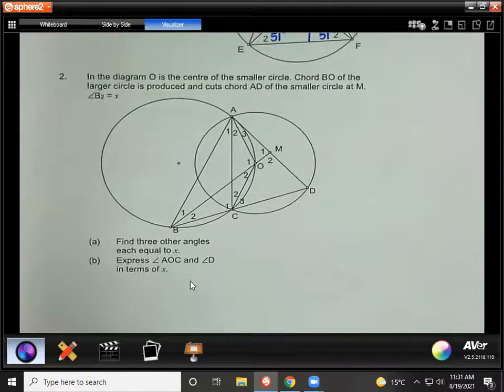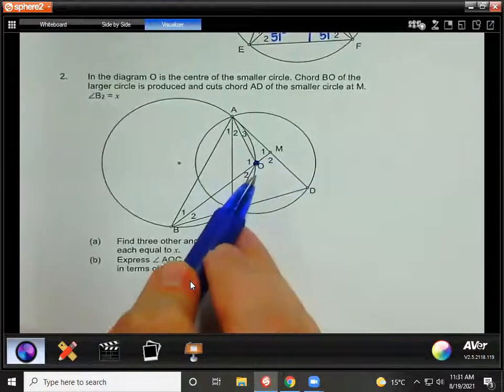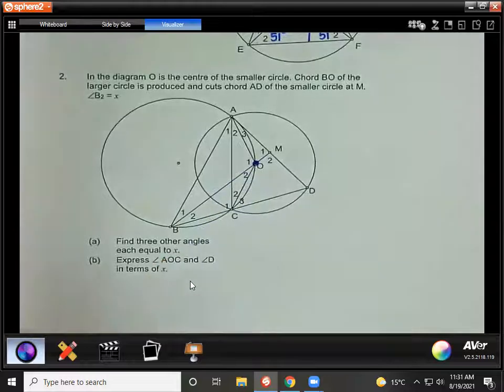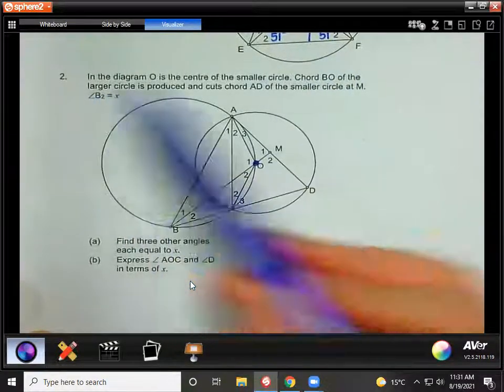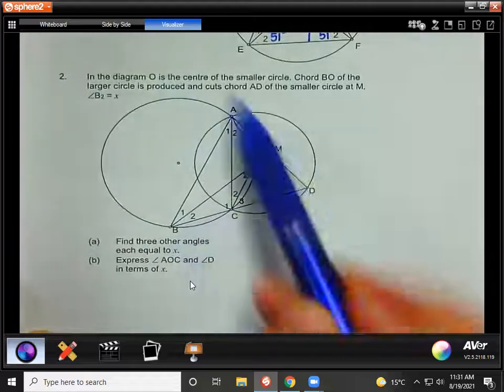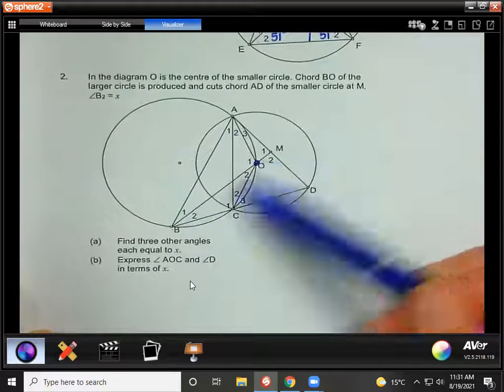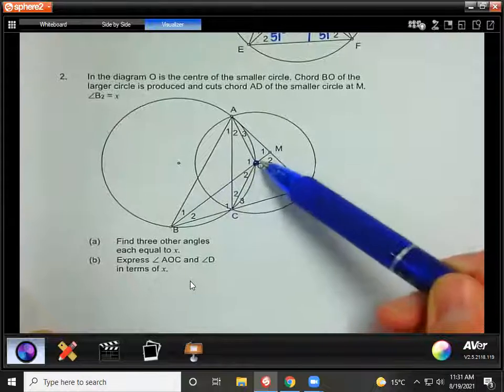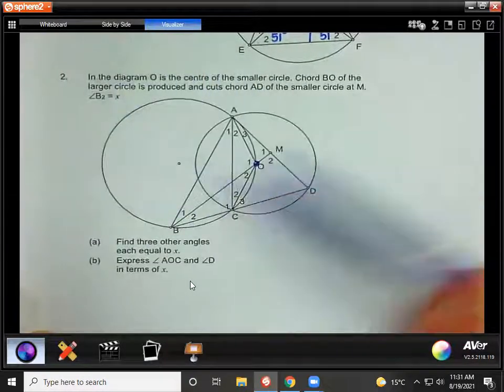All right, so in number 2, we have 2 circles. They're saying in the diagram, O is the center of the smaller circle. All right, so that point there is the center. Chord BO of the larger circle. So here's our larger circle, and BO is a chord of that circle. Right, so what can we actually see? We see that the center of the small circle is on the circumference of the bigger circle.